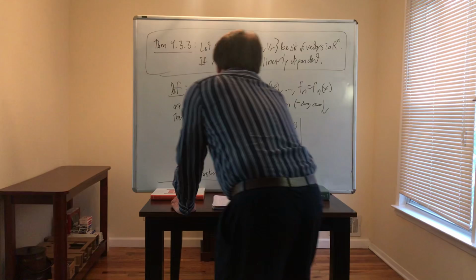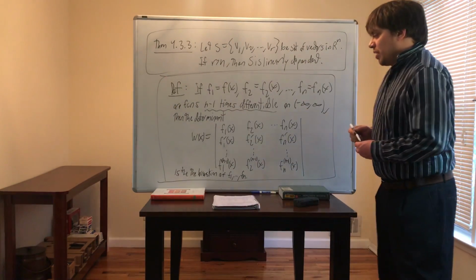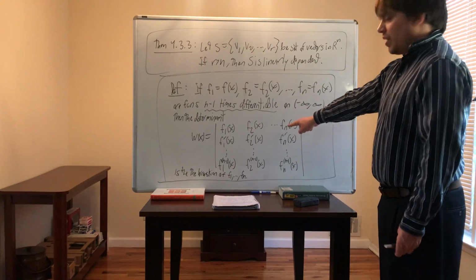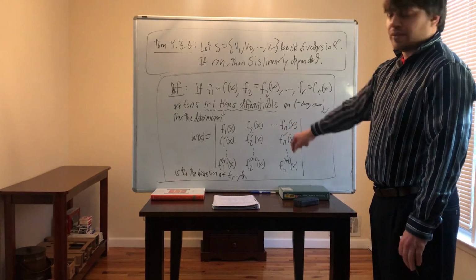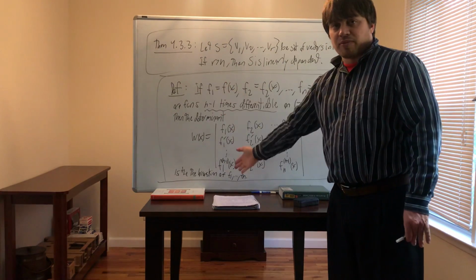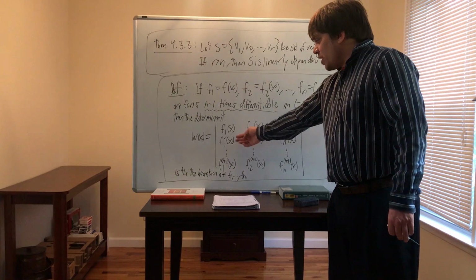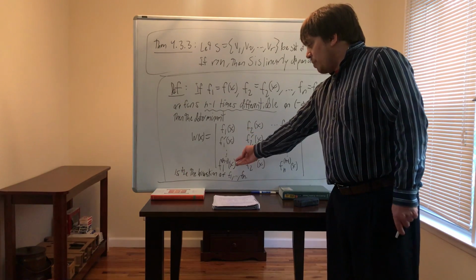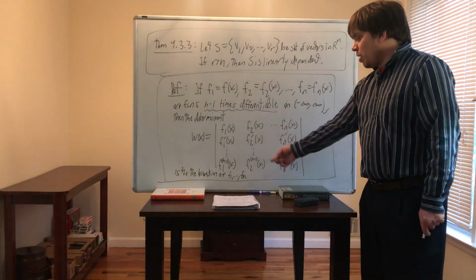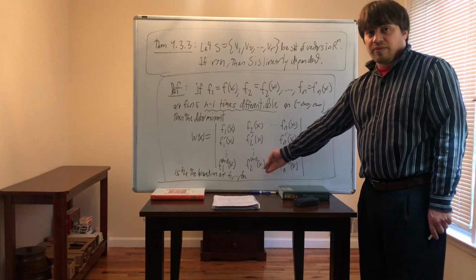So this is the definition of the Wronskian of the functions f1 to fn. It's the determinant of that matrix, where columns are vertical and rows are horizontal. First column: f1 of x, f1 prime of x, stopping at the n minus first derivative of f1. Second column: f2, f2 prime, up to the n minus first derivative of f2.